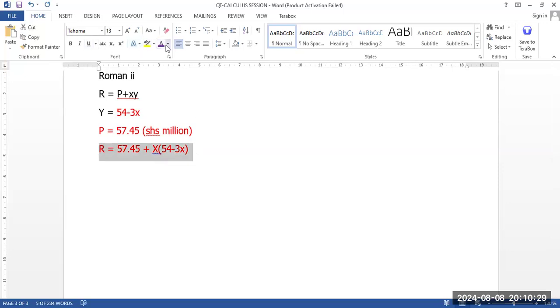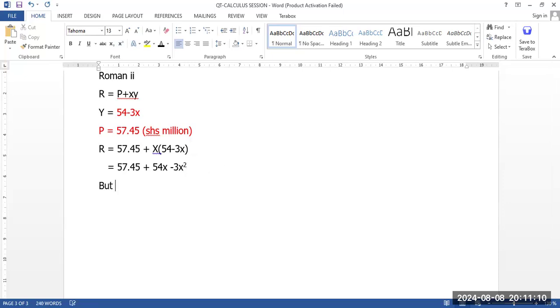We are substituting in the formula of R. We have P as 57.45, and we have Y as 54 minus 3x. So this will be 57.45 plus X into, so we open our bracket, 57.45 plus 54x minus 3x squared.